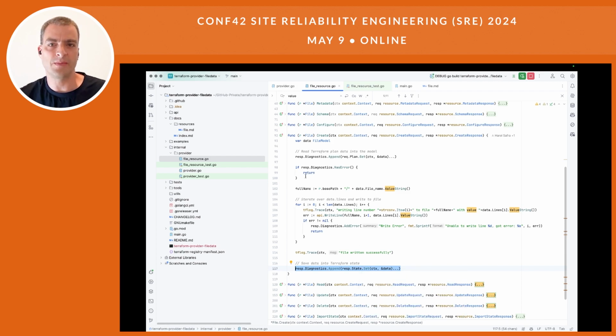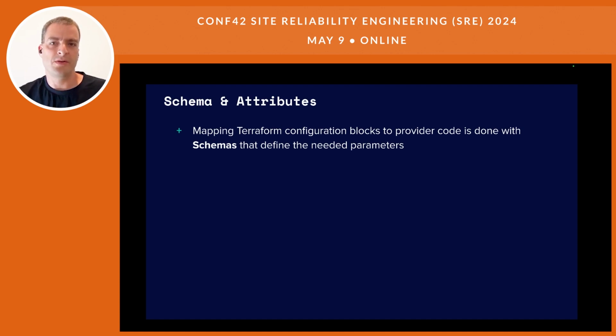So if you take, for example, the create operation, you can see this provider starts with creating a full name from the base path inside the provider, and then from the file name provided inside the create operation. And then it iterates over all the lines inside the lines array and writes them to the file with the API.writeLine operation.